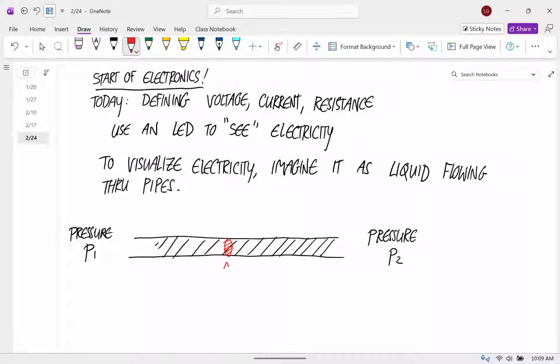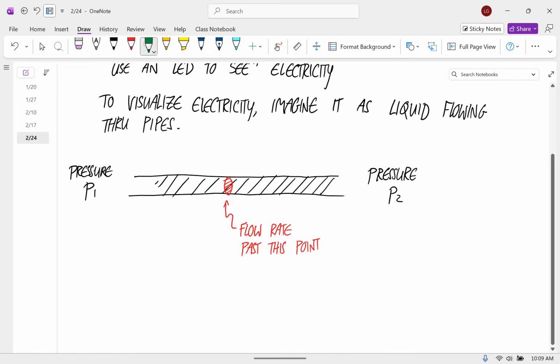So we're going to think about the flow rate past this point. And we're also going to think about the thickness of the pipe.